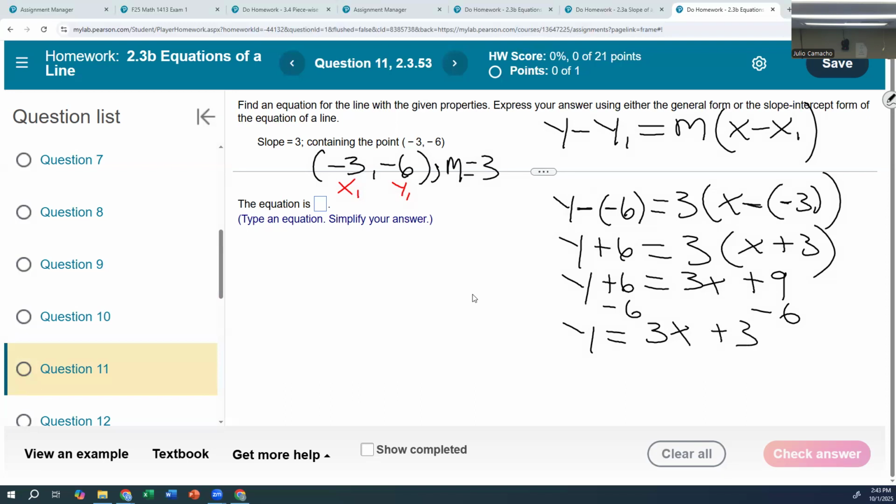So that is your equation in point-slope form, and that is your equation in slope-intercept form.